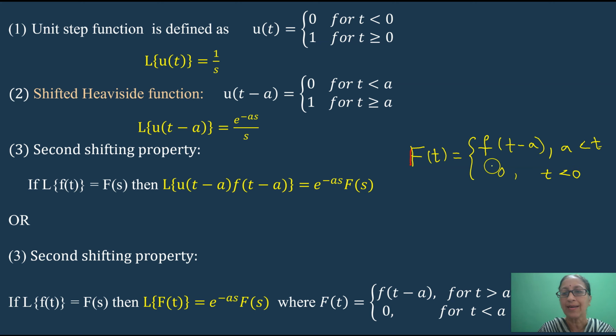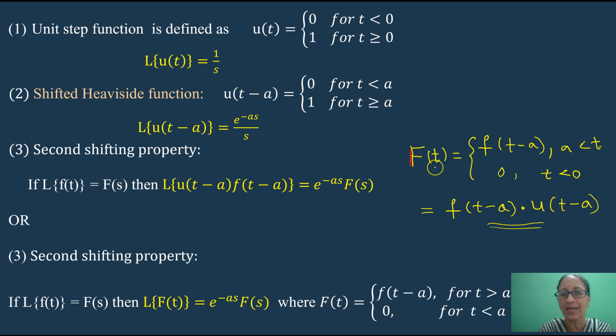Now, you can write it as f of t minus a into, see this lower limit. If the lower limit is a, we can write it in the form of u of t minus a. And here this is 0, so we get only this term.